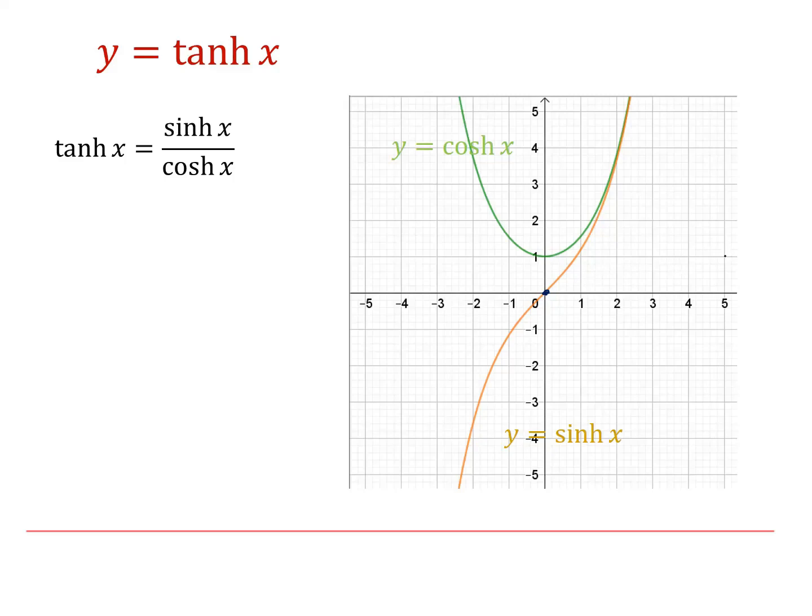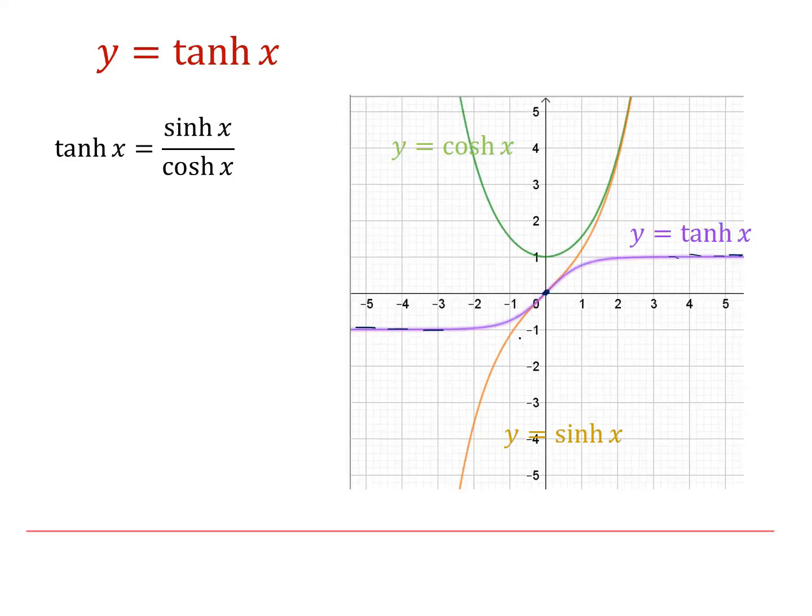So it's going to tend towards an asymptote here at y equals 1. And for negative x, I've got very large and negative values for sinh and large and positive values for cosh, and again it tends to an asymptote out here at y equals minus 1. And there's the graph of tanh x.